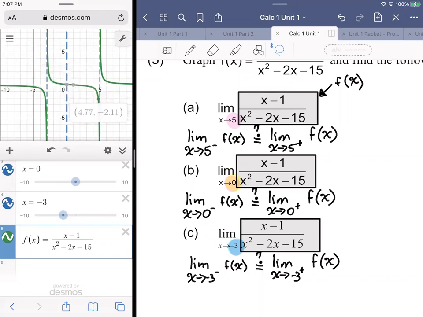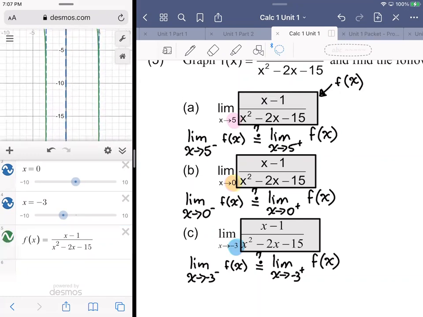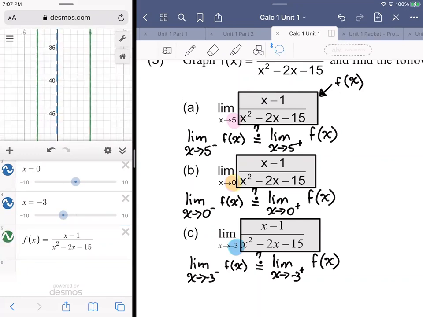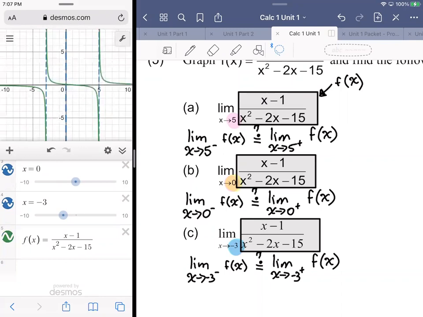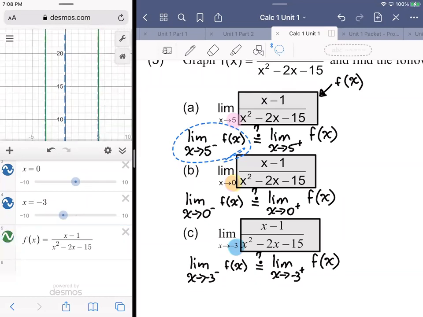So as I approach 5 from the left, it does appear to be going down forever. All right. So this part would be -infinity. As I approach 5 from the right, it does appear to be going up forever.